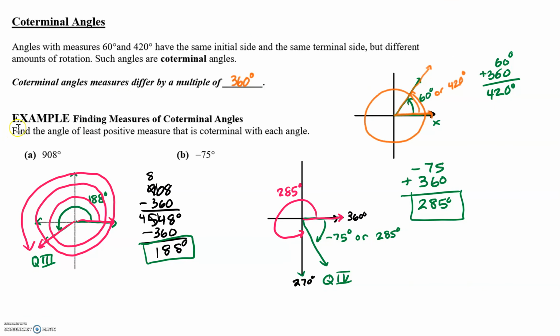So we did it. We found the angle of least positive measure that is coterminal with negative 75. So negative 75 and 285 are coterminal because they differ by a multiple of 360. We just added 360 to get it, and it's the least positive measure. I hope that helps.